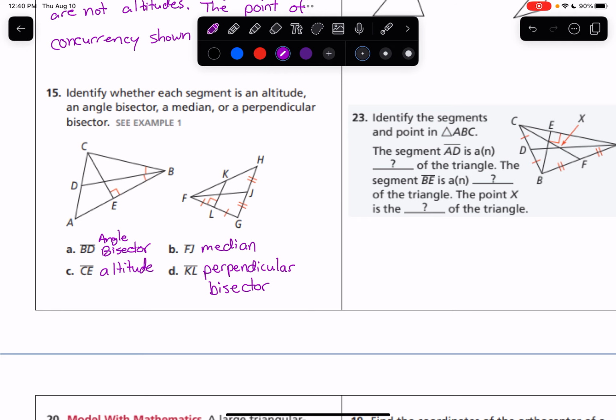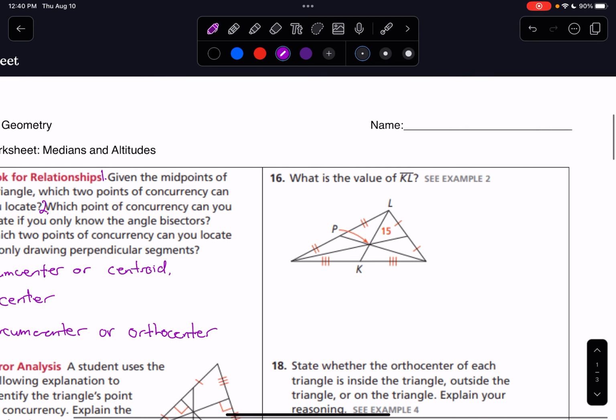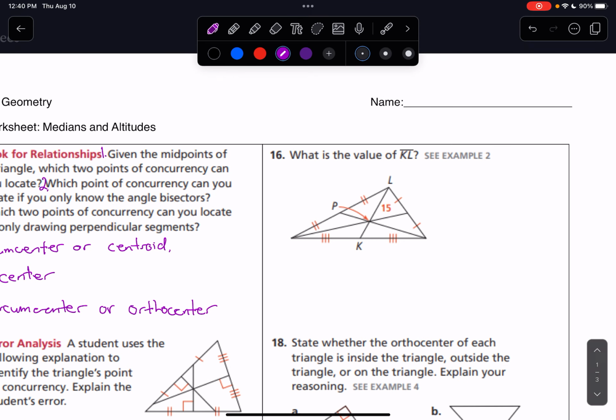All right. Coming up here, it says, what is the value of KL? So this is created by medians, right? We're going from the opposite side to the midpoint right here, and that's happening in all the sides of this triangle. So P is the centroid.